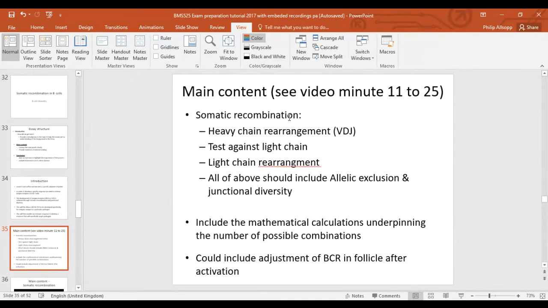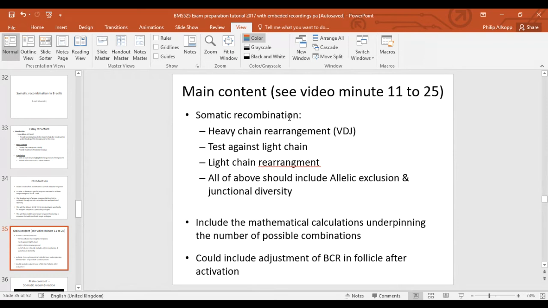Once it undergoes heavy chain rearrangement, it'll be tested using a surrogate light chain. And once that's successful, it'll then progress to light chain rearrangement. And once it undergoes light chain rearrangement, it then will progress and become a mature B cell. But some of the details that you'll have to discuss are things like allelic exclusion and junctional diversity.